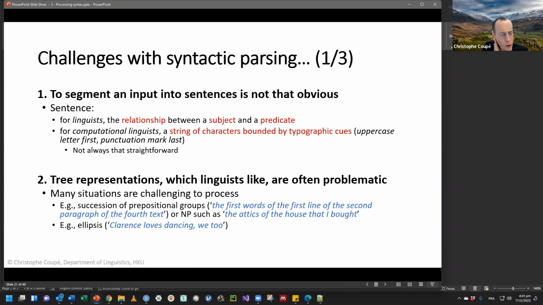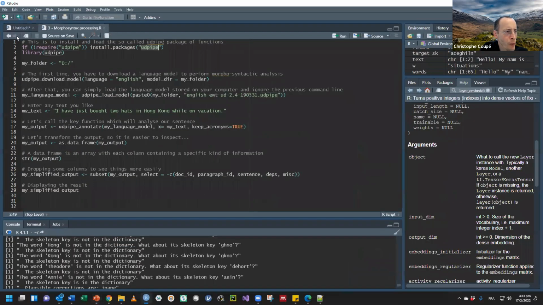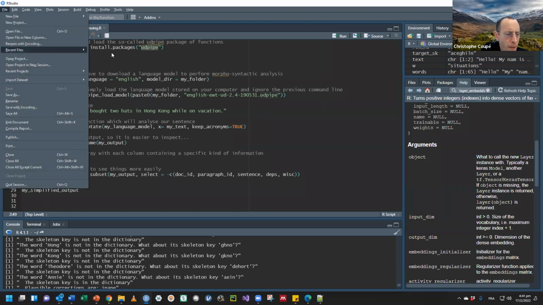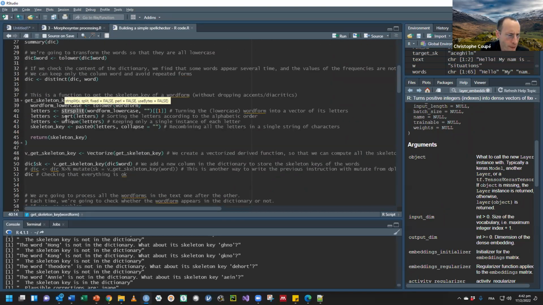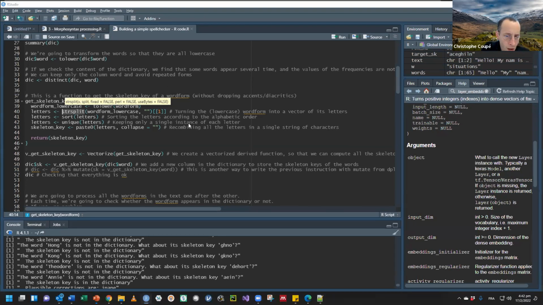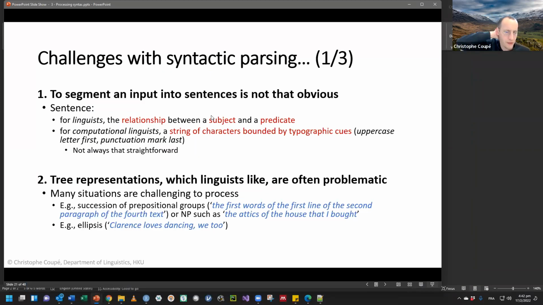But if you are rather a computational linguist, this is how you see a sentence primarily. If you remember what we have done before, all these things, okay, I'm going to use str, split, and then sort the letters, and then unique, and this and this and that. What is a sentence?